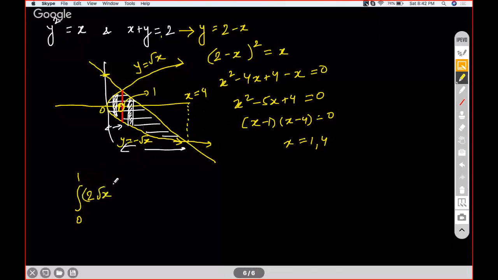From 1 to 4, the head of the strip will be on 2 minus x, that is the y for the line. Minus y for this, which will be plus root x. Now please integrate this and tell me the result that you get.